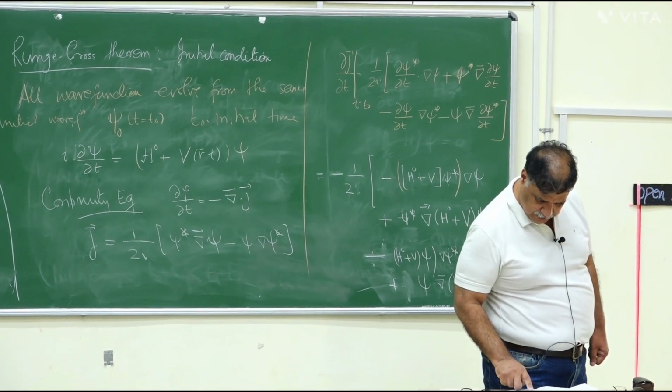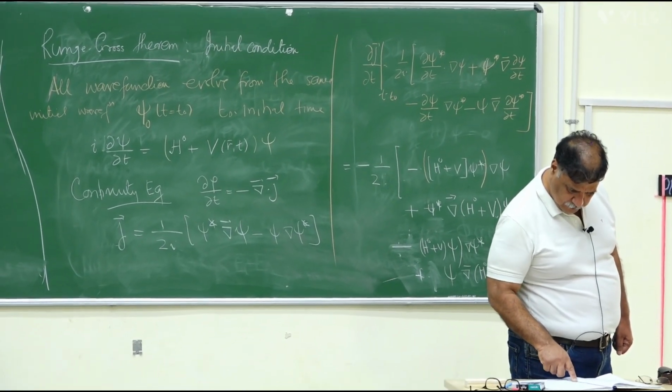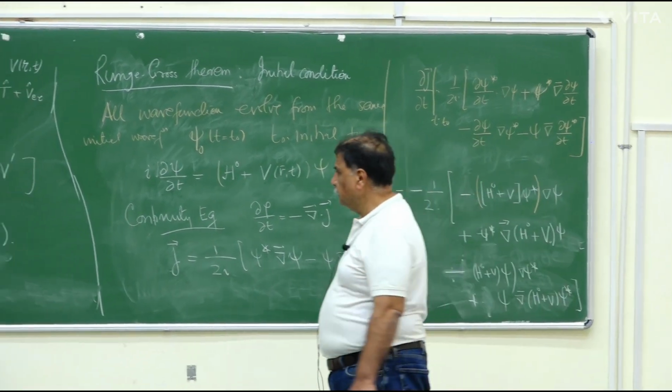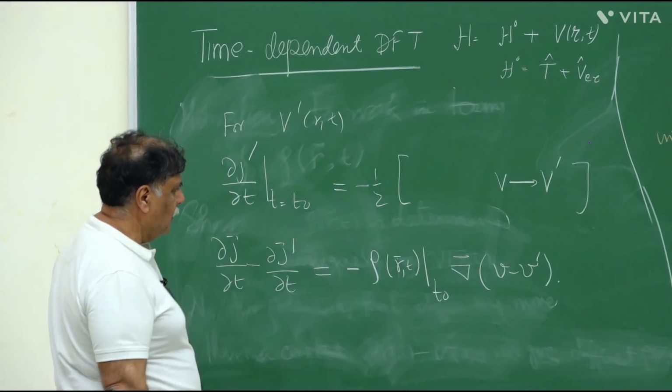Let me see if we get that correctly. dj dt comes out to be, yes, this is the minus sign here. Let's keep checking this.